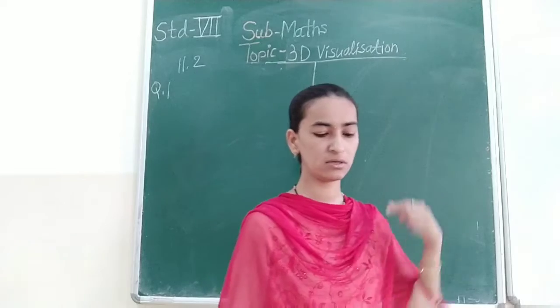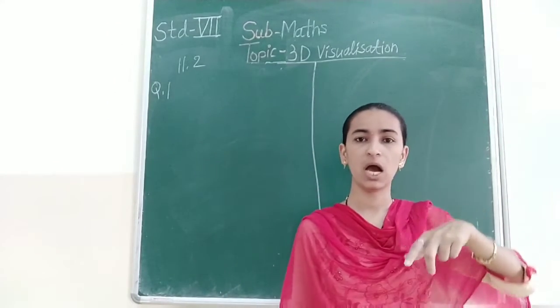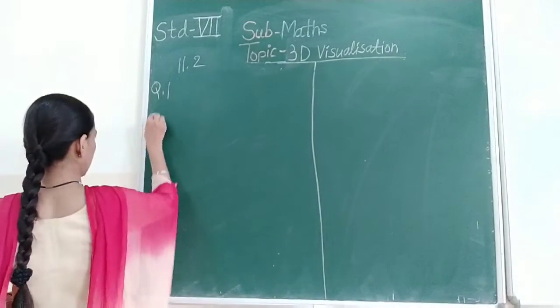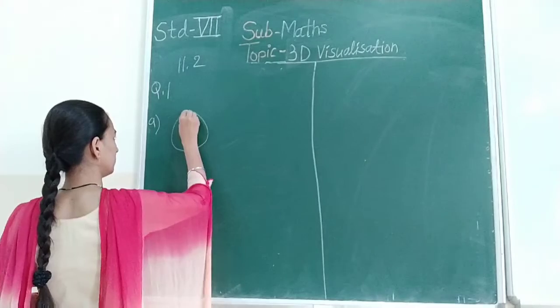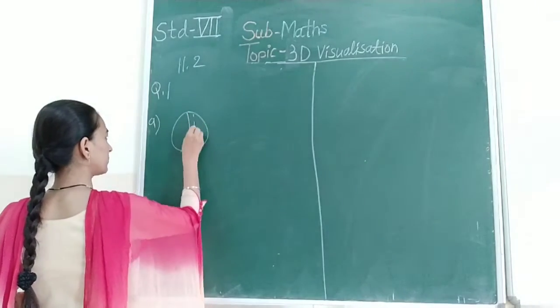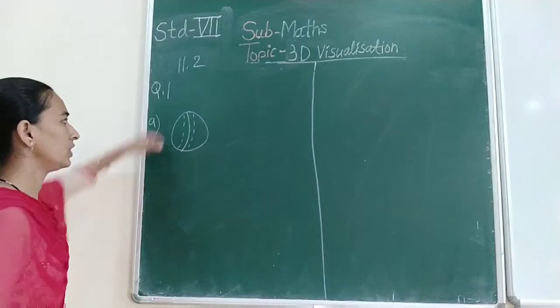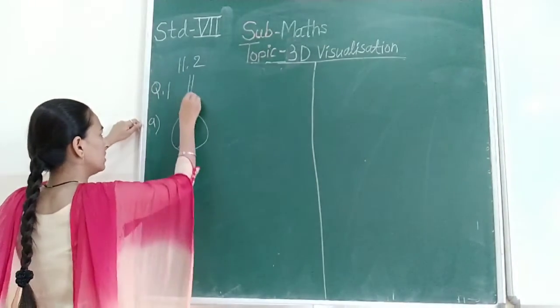Now the first question is identify the shadow only. The first is upward direction, that means we see from upward how it looks. The first one is your ball. If we see from upward, suppose my torch is here.